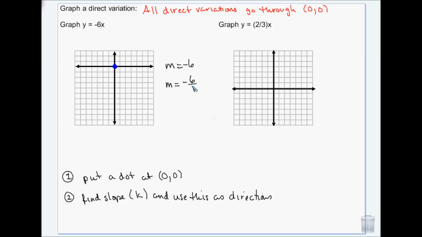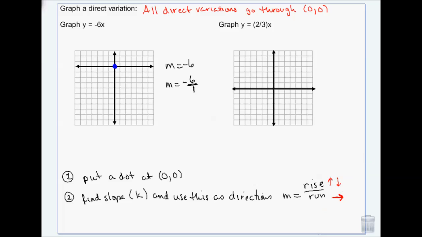If I have a whole number, I'm going to put it over 1. Slope is y2 minus y1 over x2 minus x1, but slope is also rise over run. And this tells me whether or not to go up or down. That's the rise, and this tells me to move to the right.